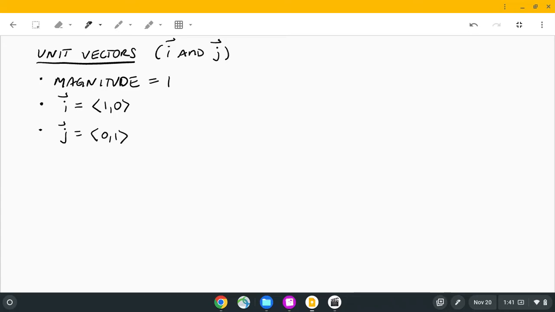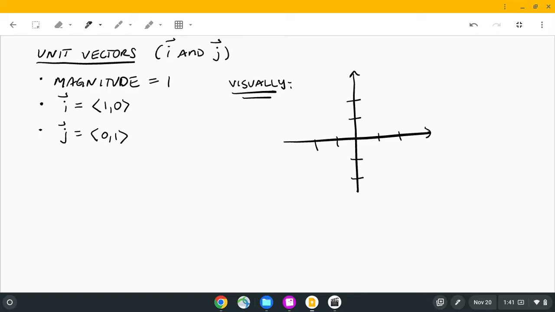Okay, and so let me show you what this looks like visually. Let me go over here. All right, so if I have this vector I, it goes to the point 1, 0. 1, 0 is right over here.